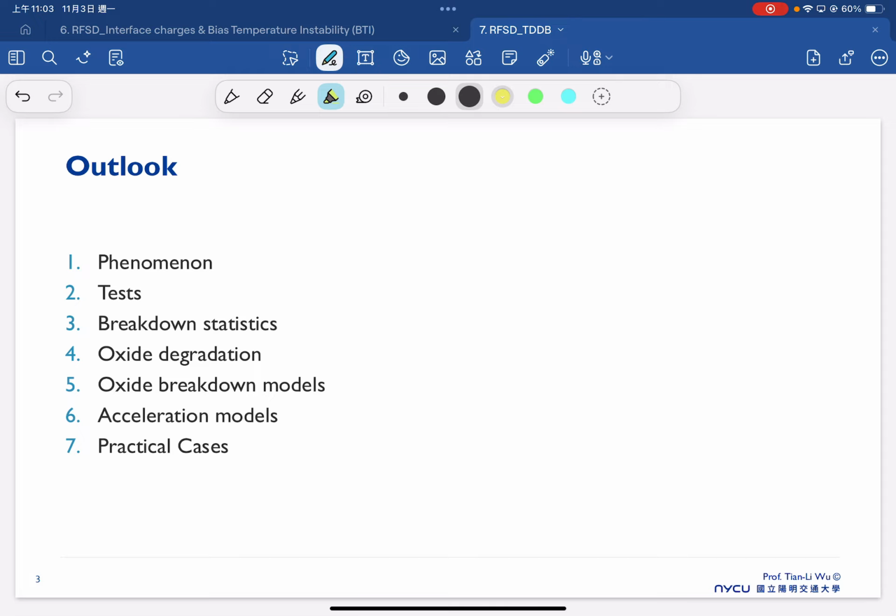We first talk about the phenomenon, testing, and also very important, breakdown statistics, oxide degradation, breakdown model, and also extrapolation model, because we need this extrapolation model for lifetime prediction. And the last one is some practical cases.